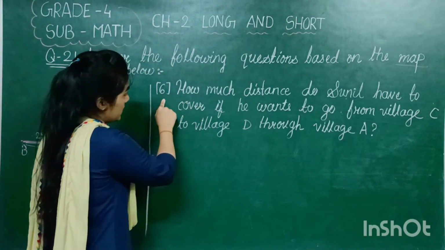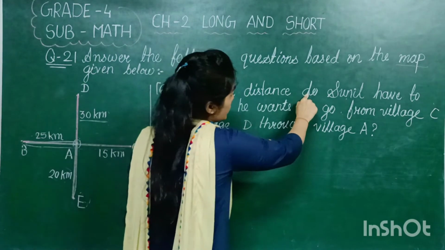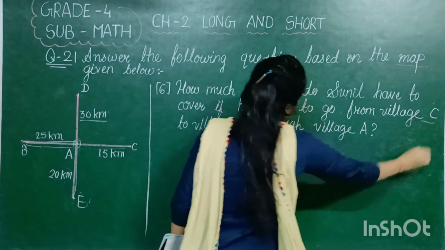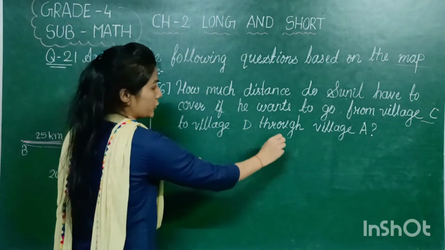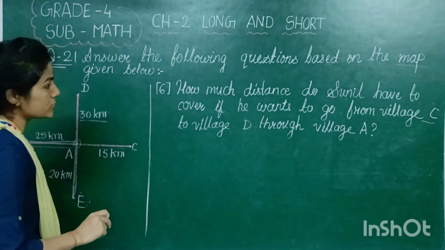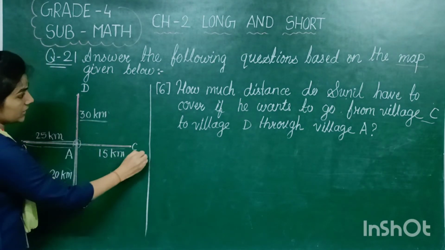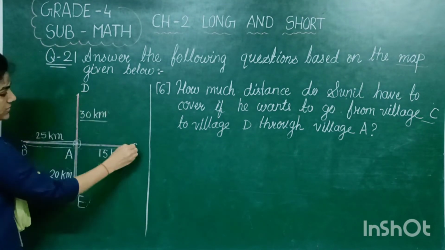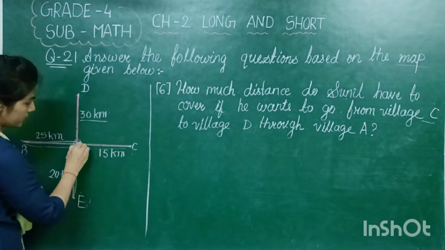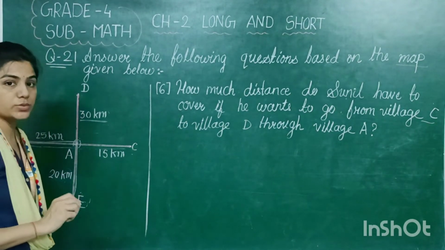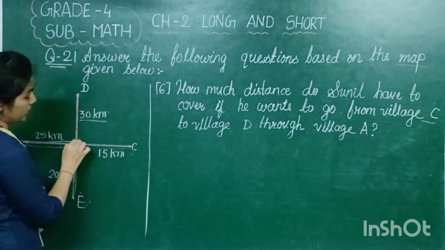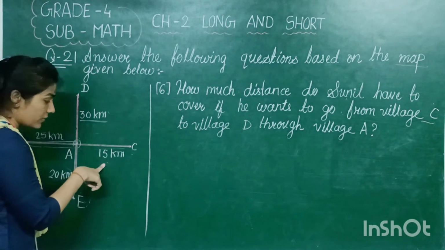Question number 6 is, how much distance does Sunil have to cover if he wants to go from village C to village D through village A? Same as question number 5. Sunil wants to go from C to D, but through village A, means he wants to go this way. So for that we need to cover the distance of C to A, 30 kilometers, plus 15 kilometers.